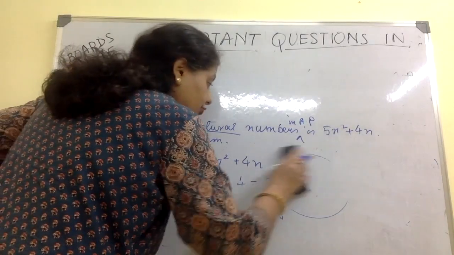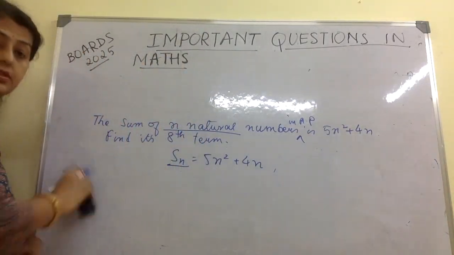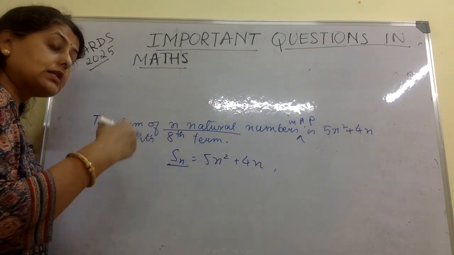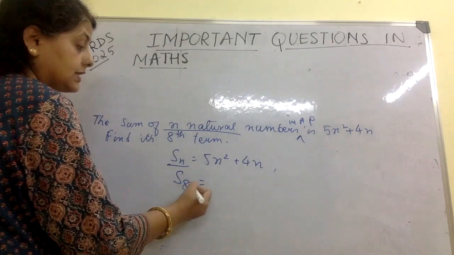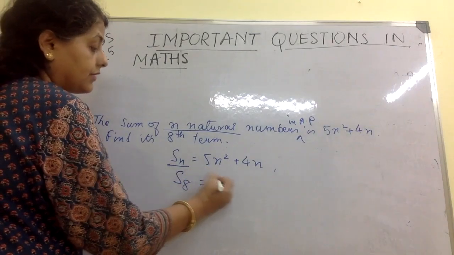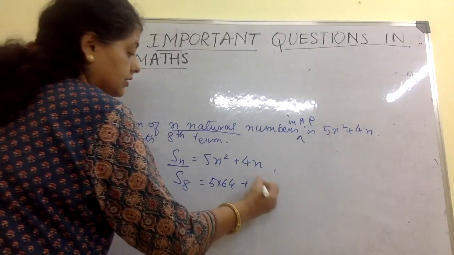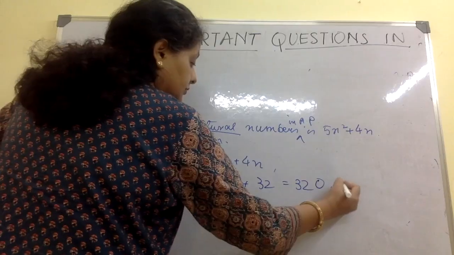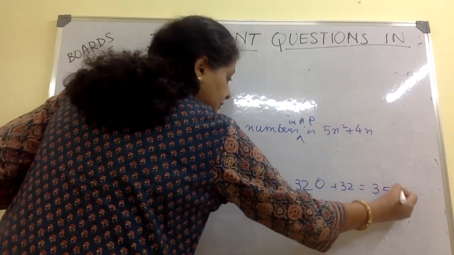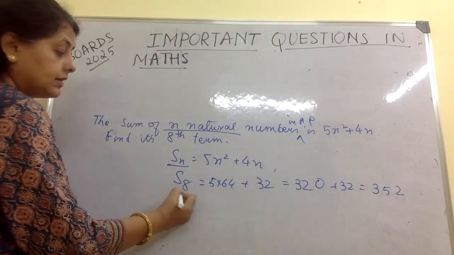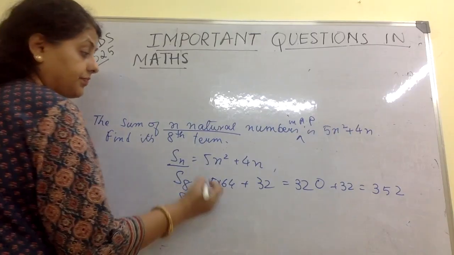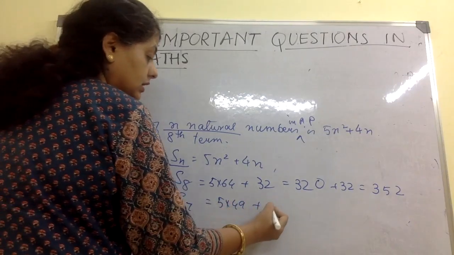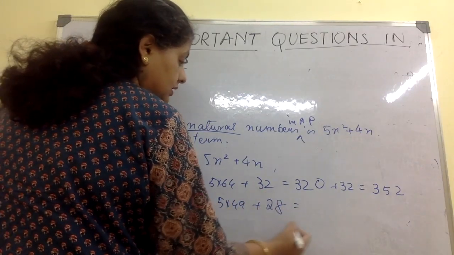Now let me go back to the question. The question didn't ask for all these things. It asked, what is the 8th term? So if they are asking for the 8th term, let me find S8, which is 5 into 64 plus 32. And the sum till the 7th term is 5 into 49 plus 28.